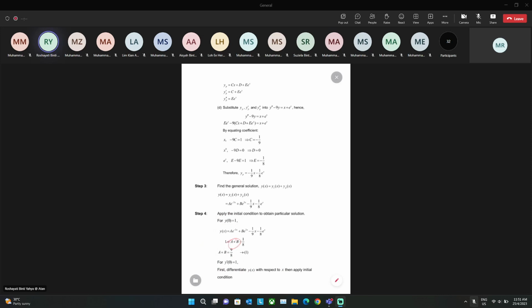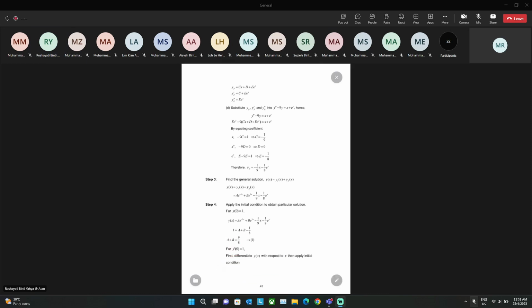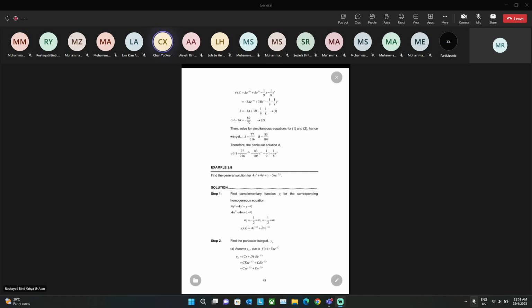So for y prime 0 equal to 1, first differentiate y with respect to x, then apply the initial condition. Any questions? No, madam. Okay.